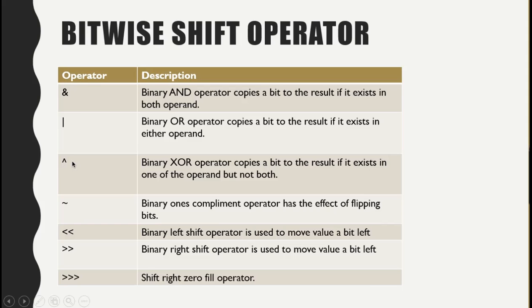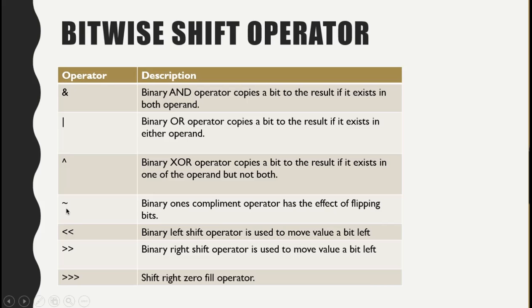It is called the binary XOR operator, and it copies a bit to the result if it exists in one of the operands but not both. If this side condition gets true, it will give the result true. If this side condition gets true, it will give the result true. If both of the conditions are true, then it is not going to give the result true. That's why it is called the binary XOR operator.